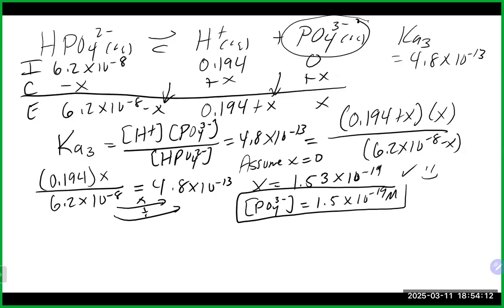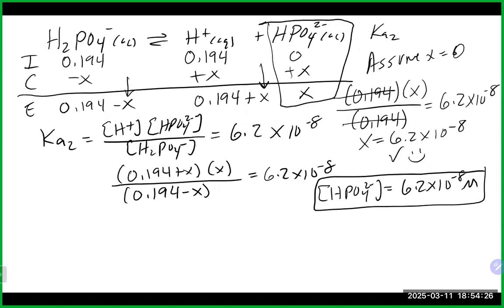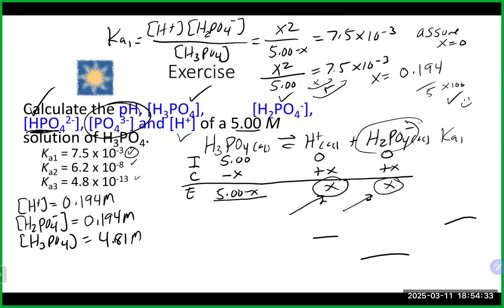The reason we didn't necessarily need to go all the way to the end, if you came across a question that was like, what is the pH? When we got to the third table, did the hydrogen concentration change? No. When we were at the second hydrogen coming off, did it change? No. The majority of all the hydrogen that came off, when?